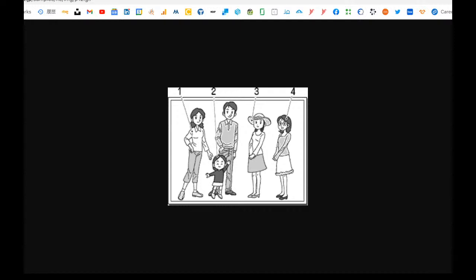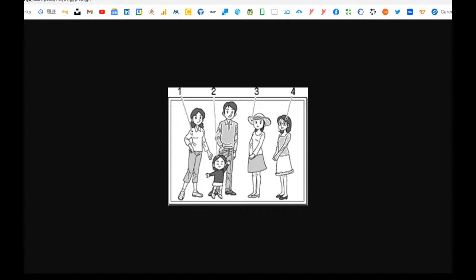So the conversation goes focusing on this man. その隣の人が田中さんの奥さんです。Says the woman who is next to 田中さん is 田中さん's wife.